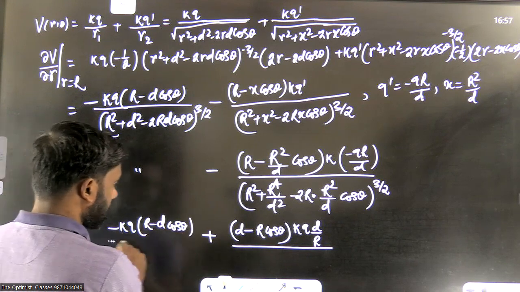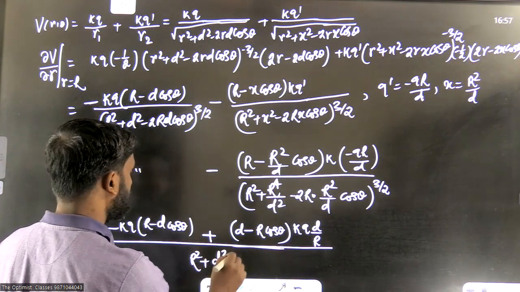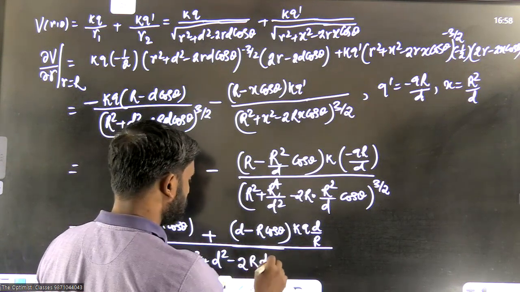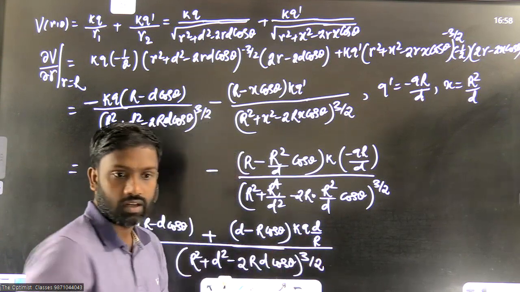Let's write a common denominator for both. So r square plus d square and minus 2r into d and cos theta. Whole power is 3 by 2. That's what we have now.